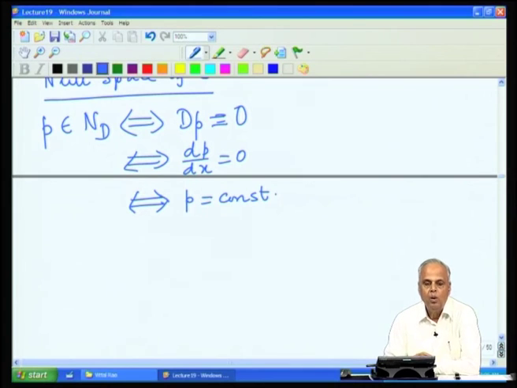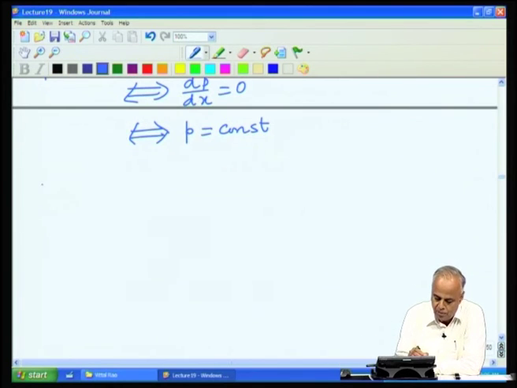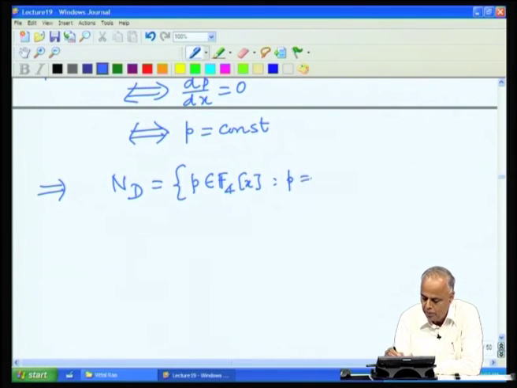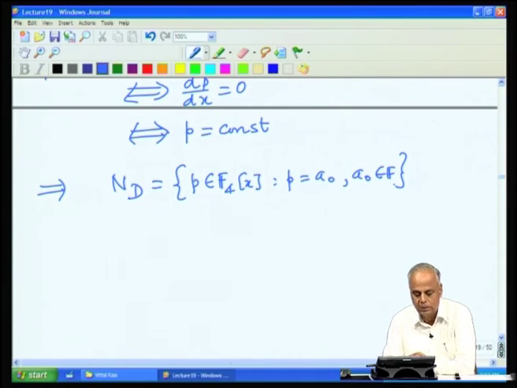So, therefore, only the constant polynomials qualify to be in the null space of D. So, thus we get the null space of D is the set of all polynomials in the vector space which are of the form p equal to some constant a naught belonging to F. So, they are all constant polynomials. Now, what is a basis for this space? Well, the constant polynomial 1 is a basis for this space.